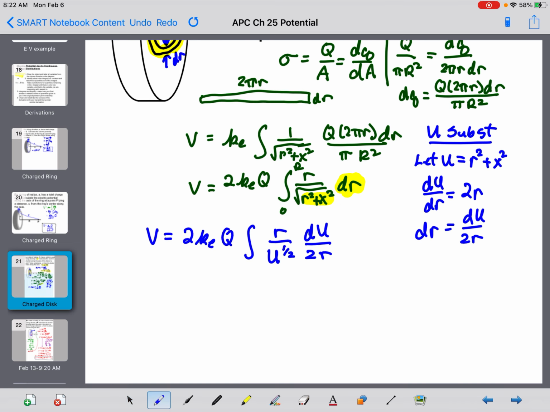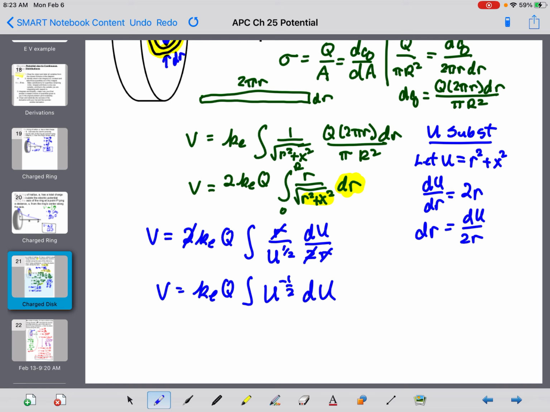My 2's will divide out, my r's will divide out, and when the dust settles, I've got k sub e Q integral of u to the negative 1/2 power du.